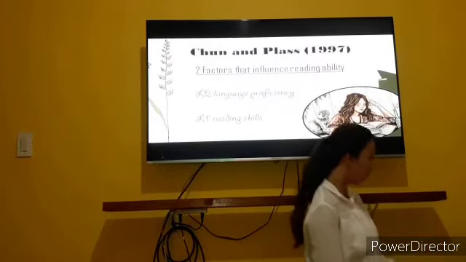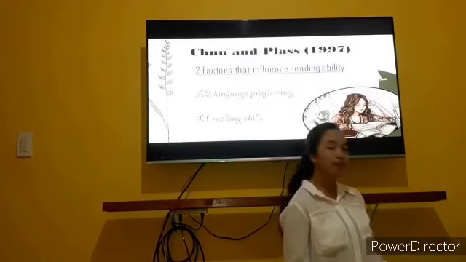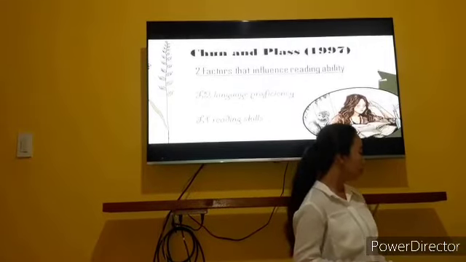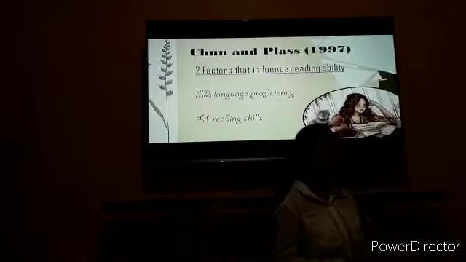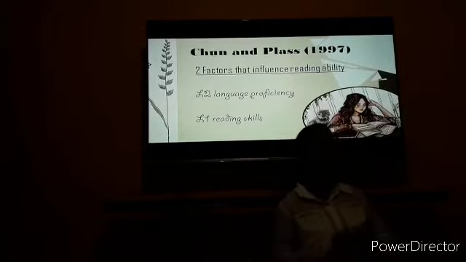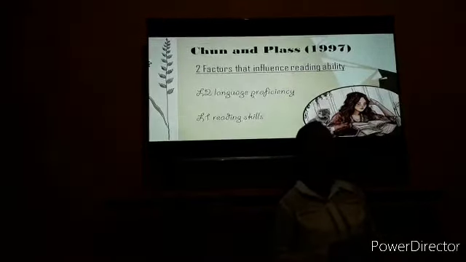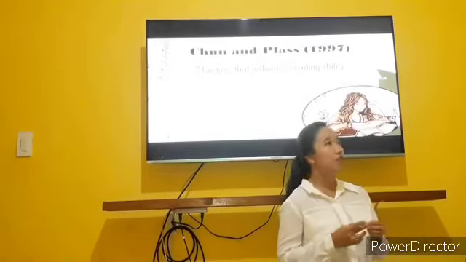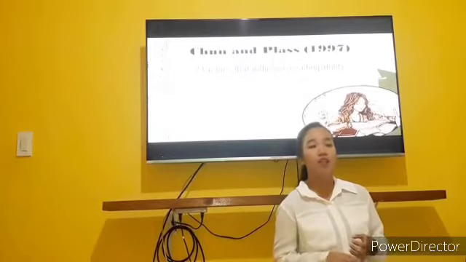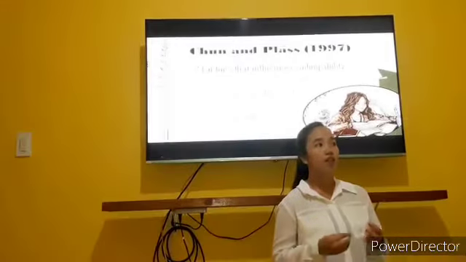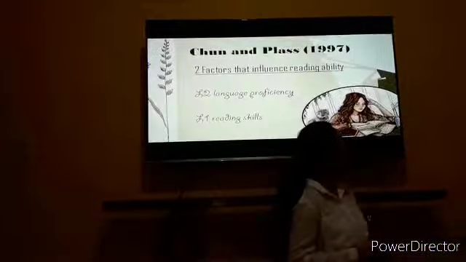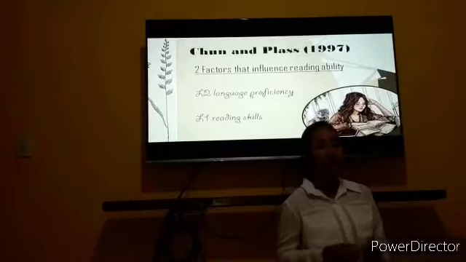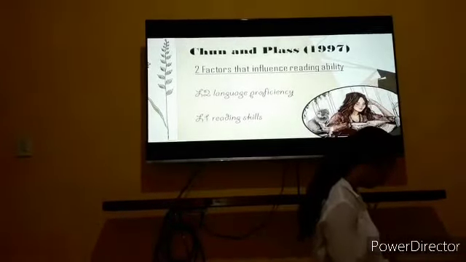Next, according to Chun and Plus, there are two factors that influence reading ability. Number one is second language proficiency. Language proficiency is how well an individual has mastered the language. It is measured based on language skills, syntax, phonology, and such, which demonstrate the areas of reading ability or language ability.